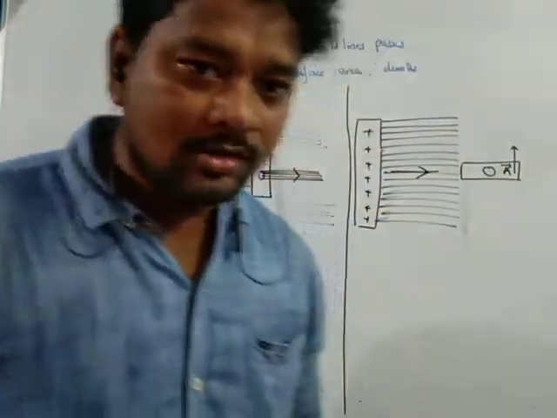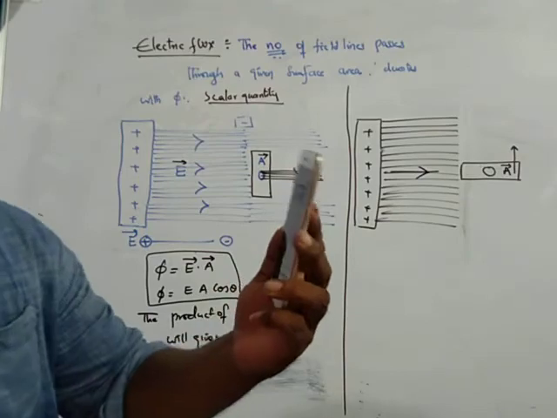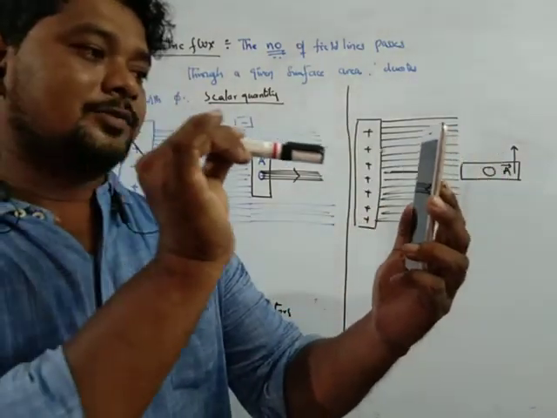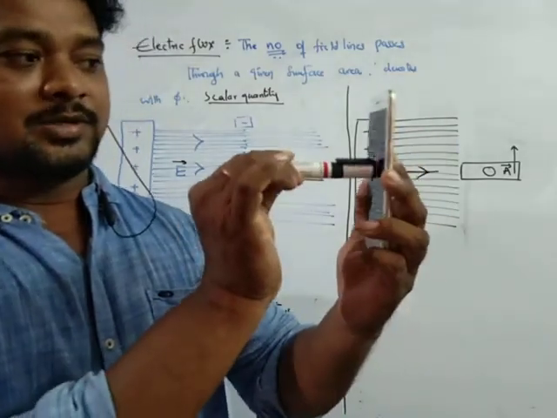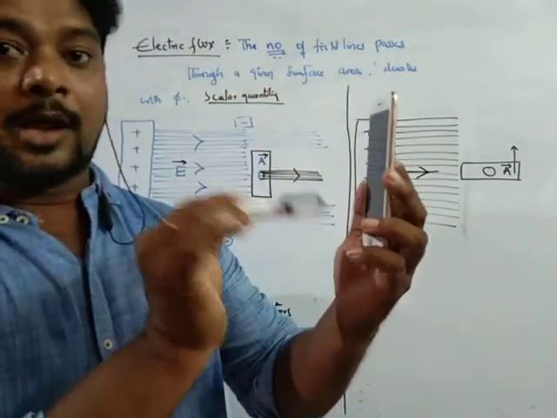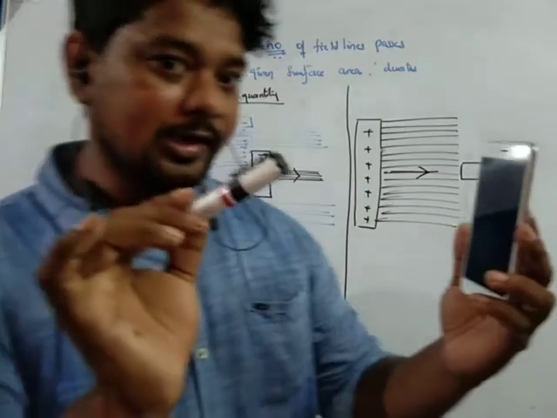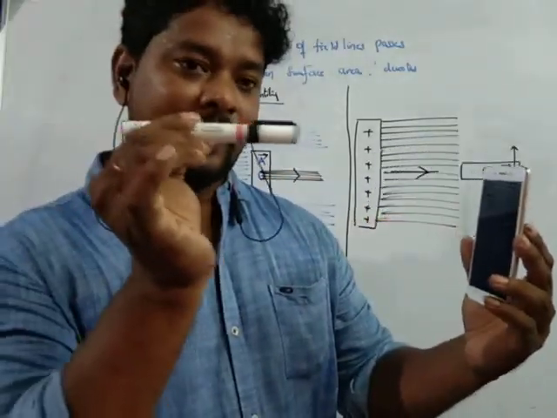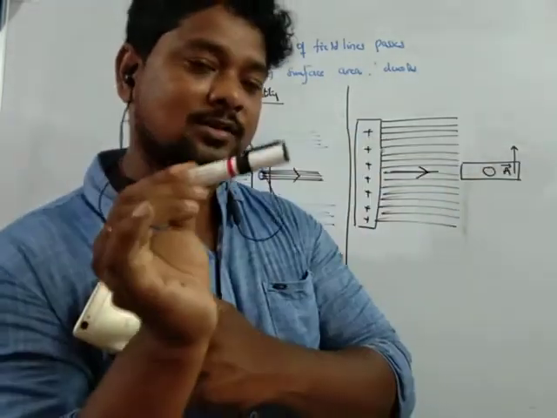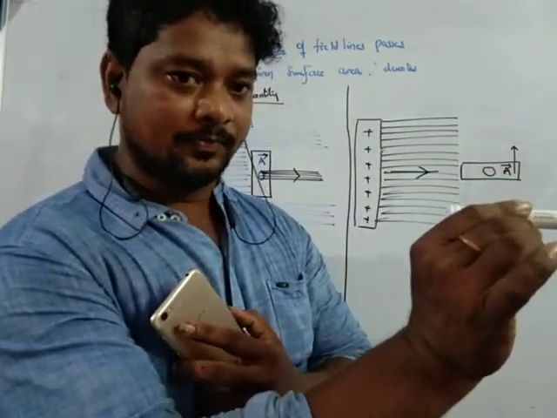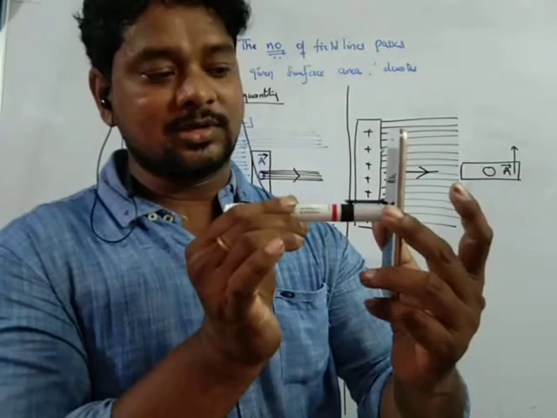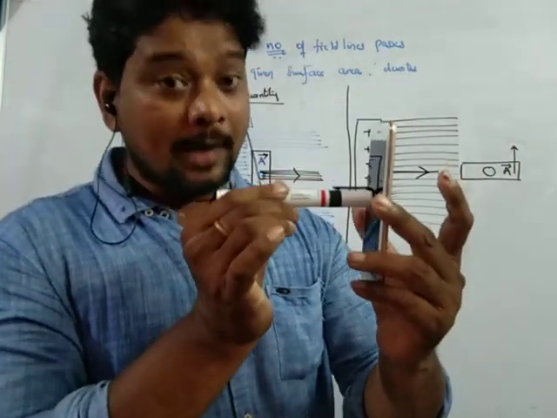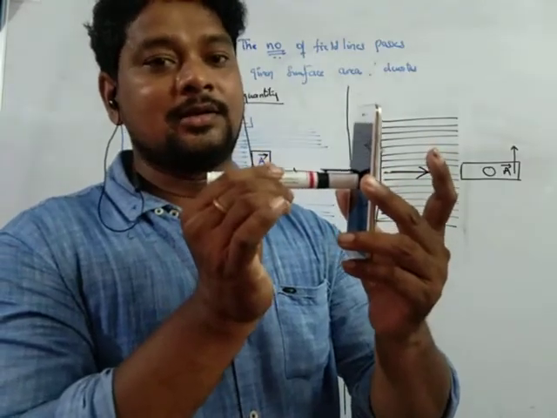In the first concept, whatever the substance we consider, these are the field lines which pass in a straight line, starting from positive and ending at negative, and the substance is perpendicular to the field lines. Suppose you place a substance here, always perpendicular to the field lines.